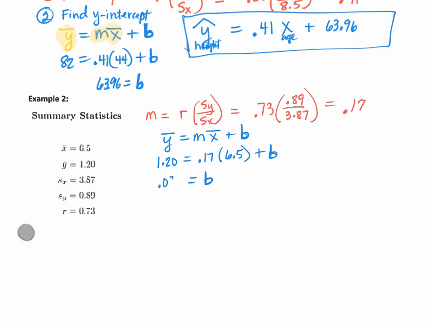So I get 0.095 for that. So then my equation is predicted y equals slope times x plus the y-intercept.